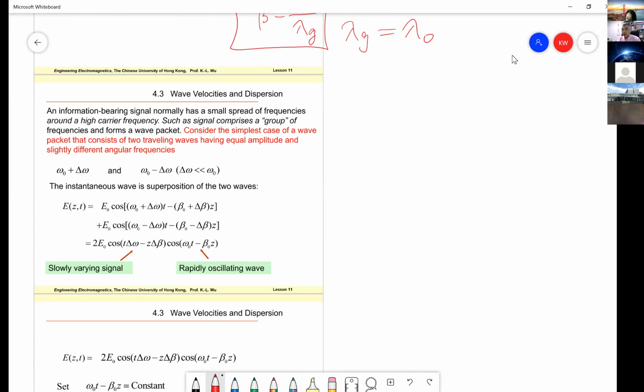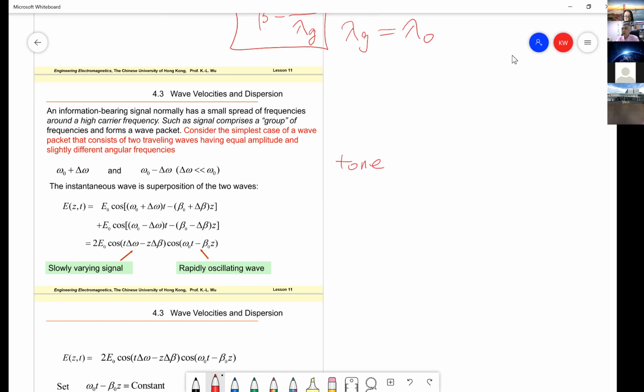Now we have to consider our real world. What is our real world? In our real world, we never deal with a signal with a single frequency, a single tone.